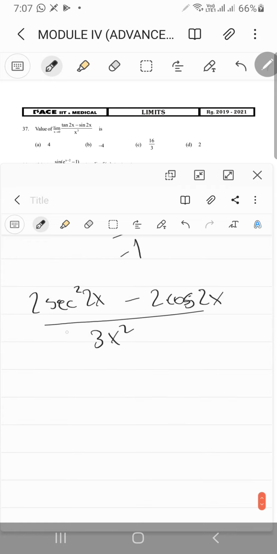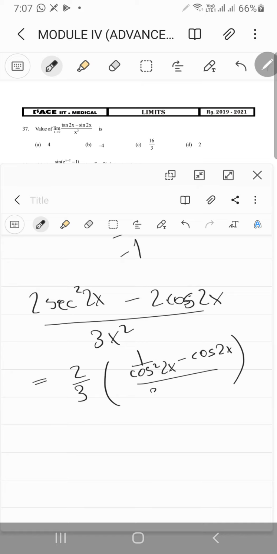Now it's still not good, so just take it like this: 2 by 3, 1 upon cosine squared of 2x minus cosine of 2x upon 3x squared. Oh wait, that 3x squared is not there, so it's just x squared now.